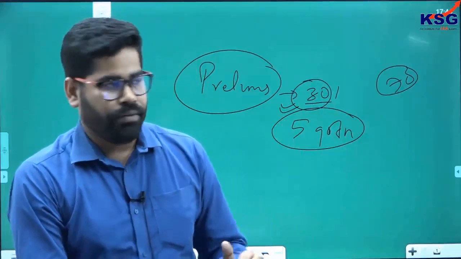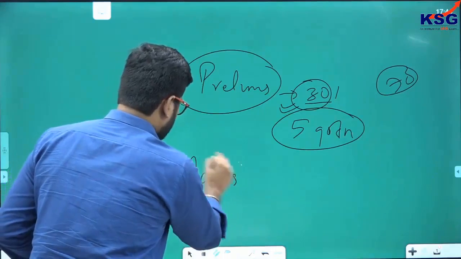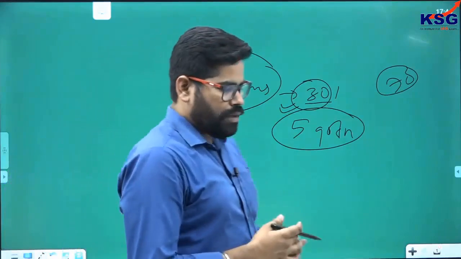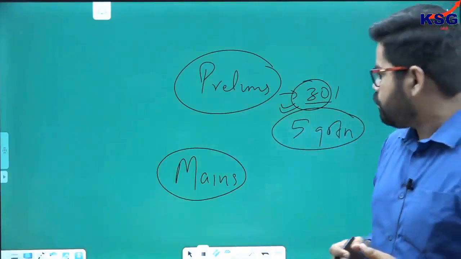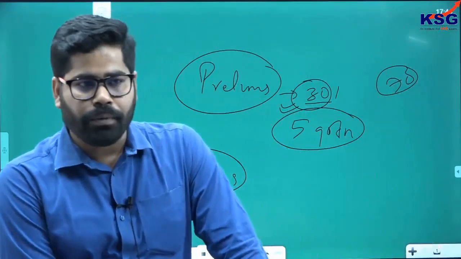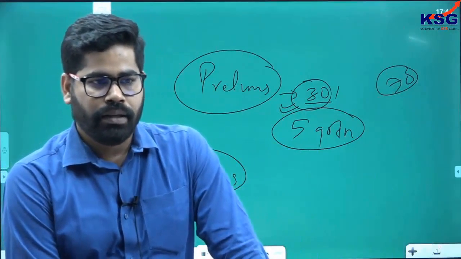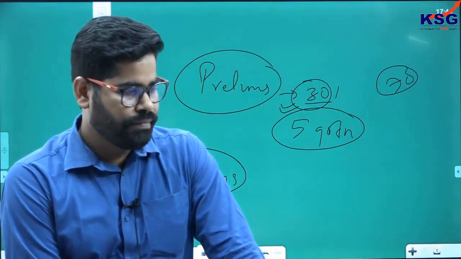Now, let us look at the mains examination. Can you tell me in which paper we can see the dominance of current affairs? You know, 4 papers are there, GS paper 1, 2, 3 and 4. So in which of them do we have dominance of current affairs? Anyone?